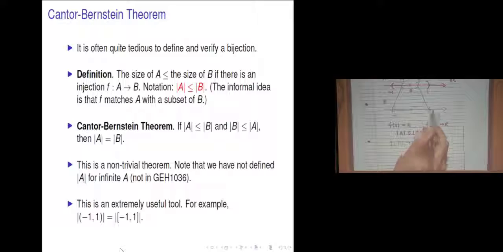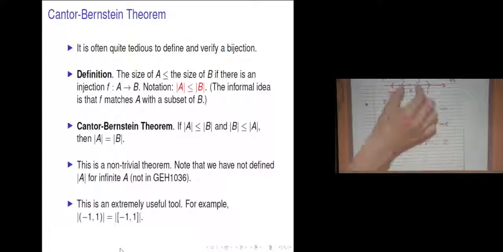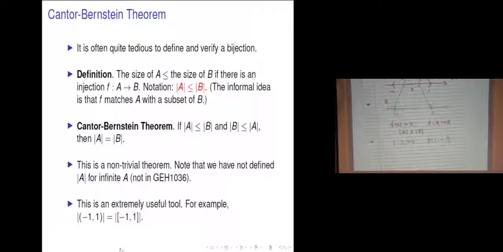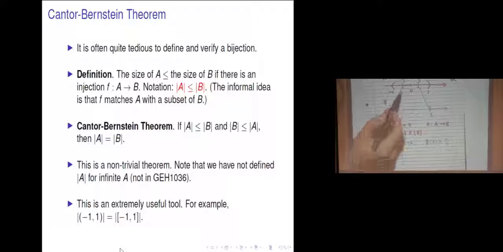Dividing by 2 is like scaling down, so you shrink the interval into a smaller interval, and then the smaller interval sits inside here. So you match B with a subset of A. You don't care what happened here. So this G demonstrates B is less than or equal to A because you have this injection.